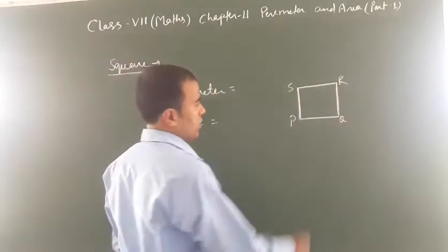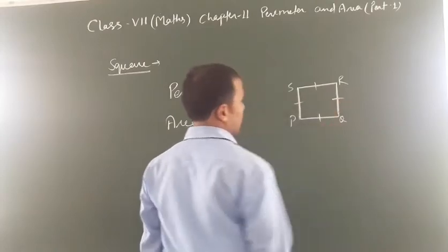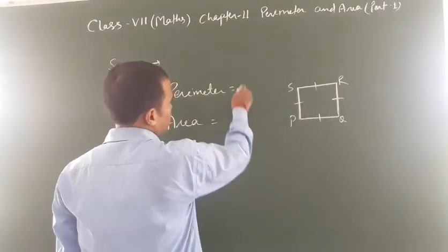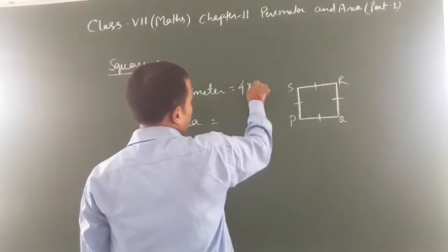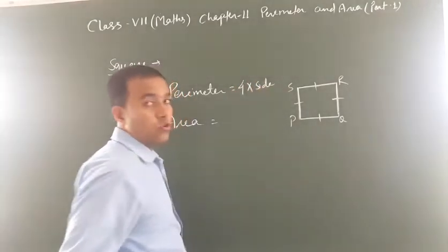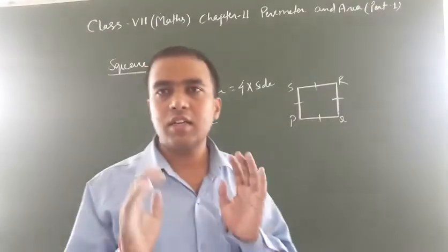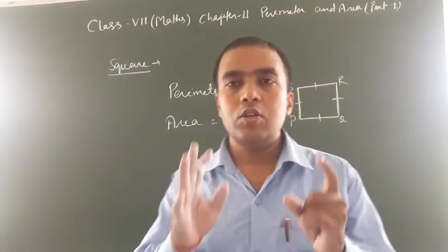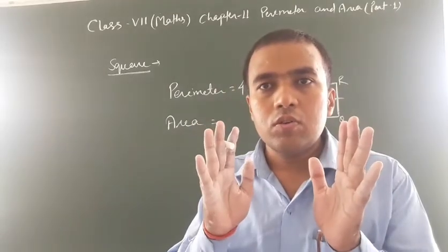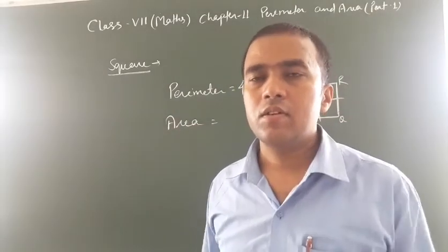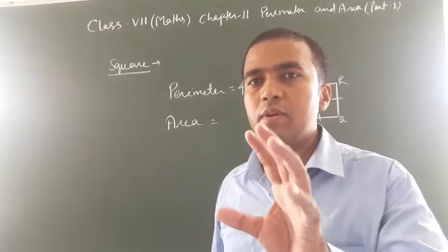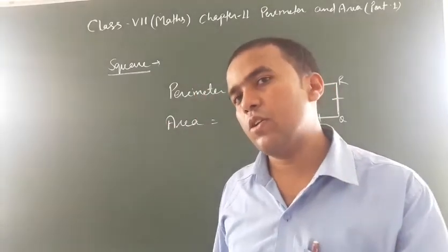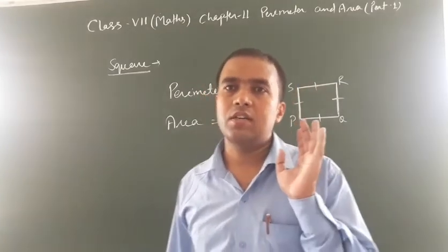We know that a square has 4 sides, all sides are equal, and each angle is 90 degrees. Perimeter of square means 4 into side, the sum of all sides. If you have not learned the perimeter formula, you can do the sum of all sides. If any figure is given and perimeter is asked, you can write perimeter equal to sum of all sides. Clear?